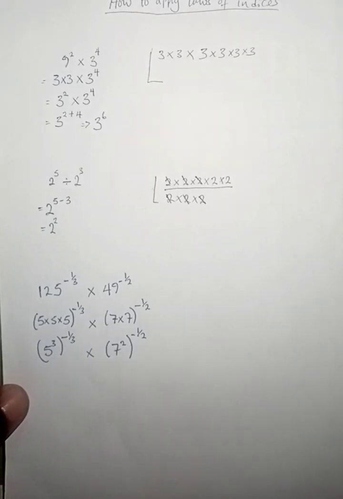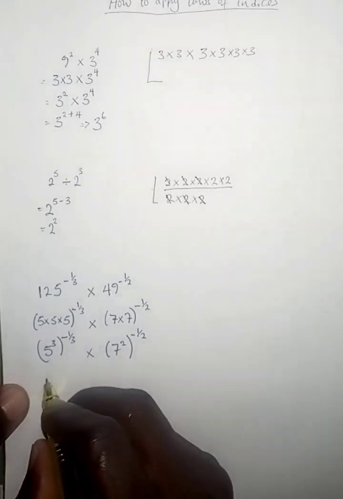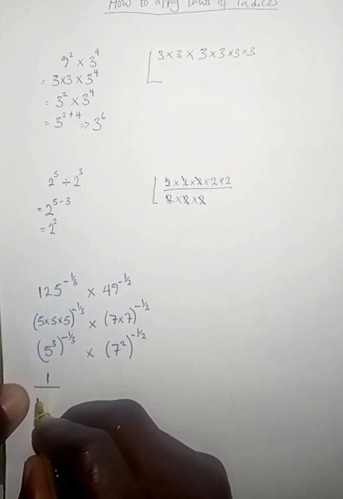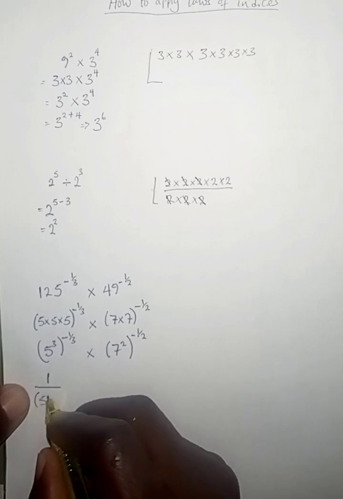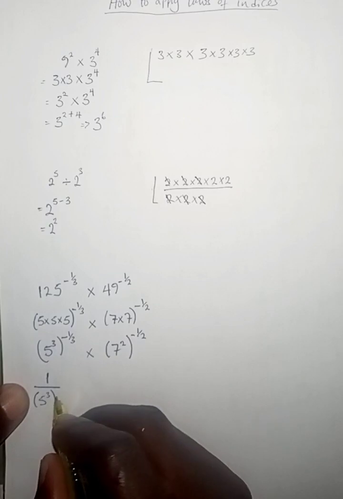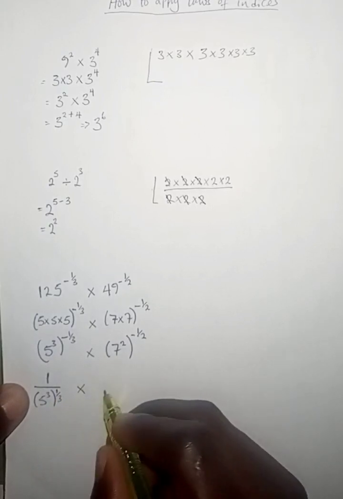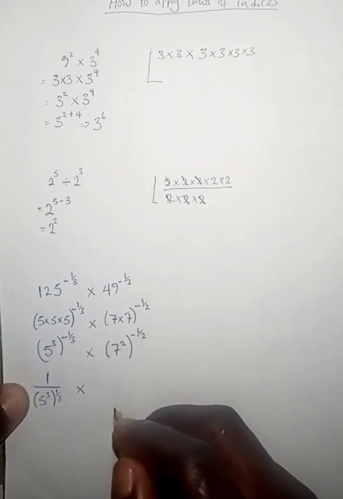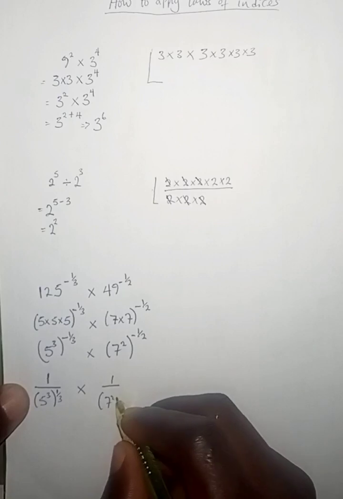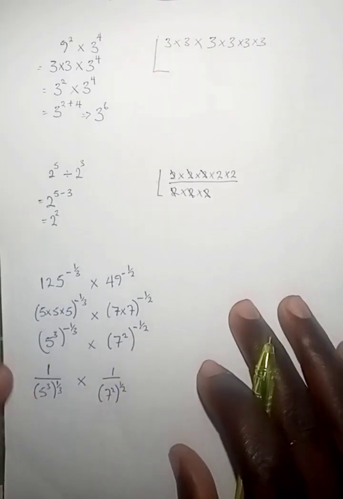Then let's not forget the negative sign on our power will make it 1 divided by 5 to the power of 3, times 1 divided by 7 to the power of 2, with the whole powers now multiplying: 1 over 3 for the first, then 2 and its power 1 over 2 for the second.